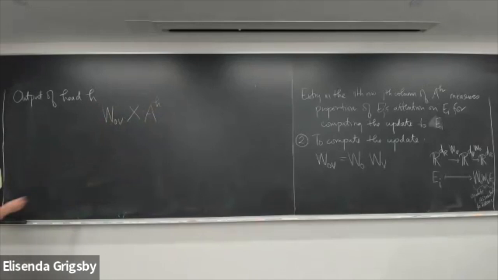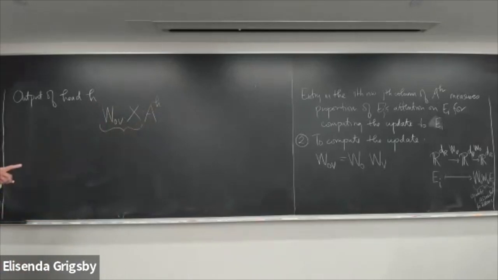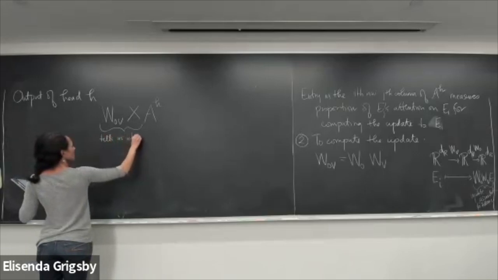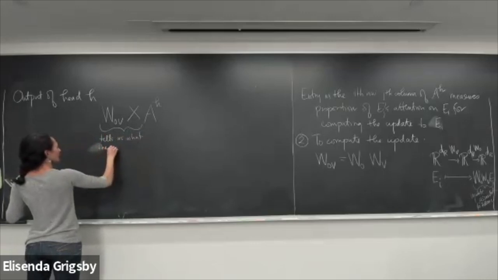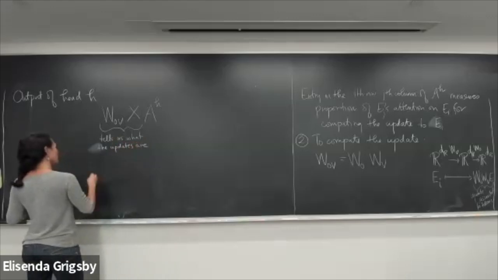Okay, so essentially this part is computing what the updates that are coming from the head will be. So this part tells us the updates associated to each token.